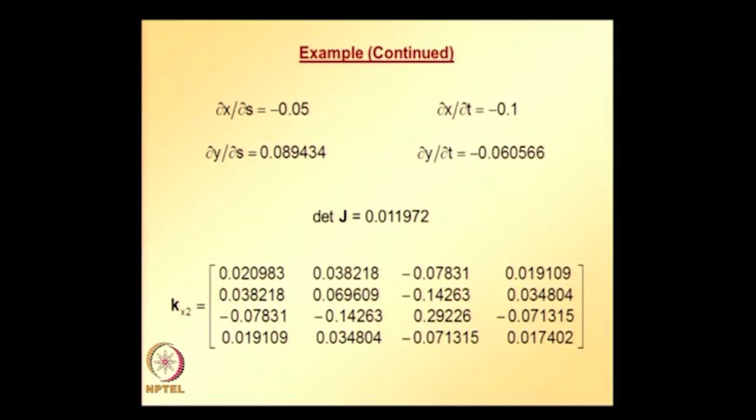Then once we get the Bx vector, we can easily calculate Kx times Bx transpose times determinant of Jacobian. Once we do all that, we get the contribution to the Kx matrix from the second integration point that we have chosen as this one.